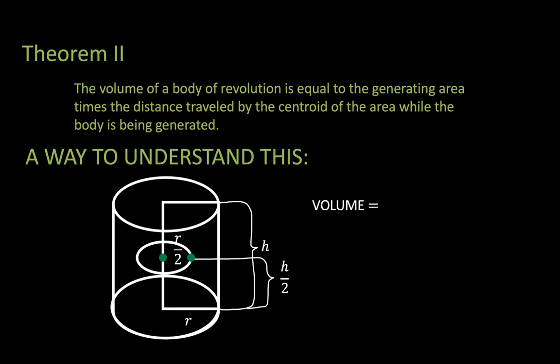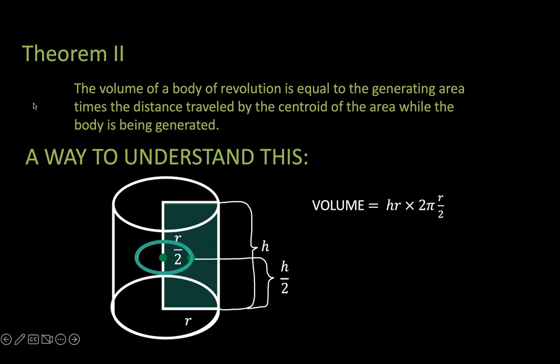So the volume of the body of revolution is equal to the height times r, which is the area of the rectangle over here, times 2 pi times r over 2, which is the circumference of that small circle over there. As you can see, the volume of a body of revolution is indeed equal to the generating area times the distance traveled by the centroid of the area while the body is being generated.